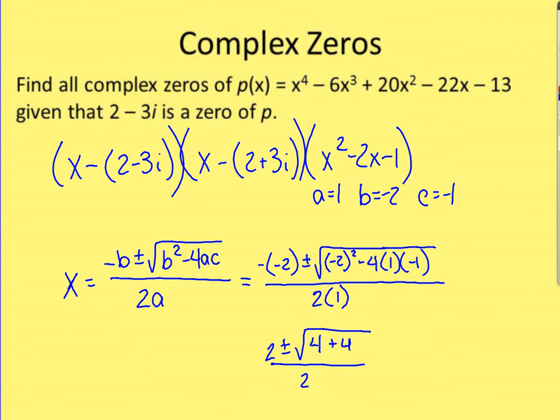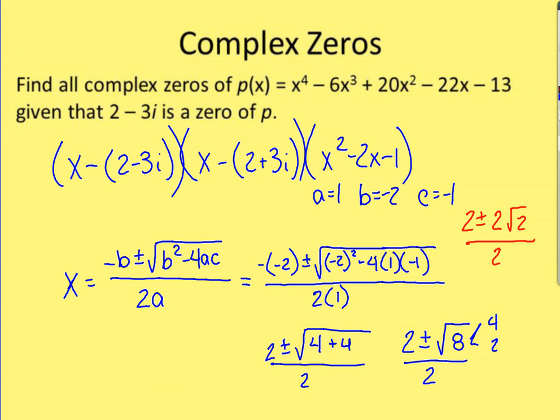If we simplify that, we have 2 plus or minus the square root of 4 plus 4 all over 2, which is 2 plus or minus the square root of 8 over 2, which we can reduce again. The square root of 8 has the factors of 4 and 2. We can take the square root of 4, and we have 2 plus or minus 2 times the square root of 2 all over 2.